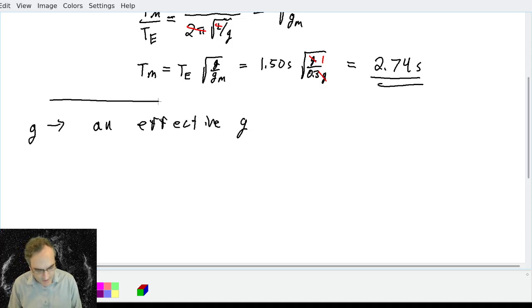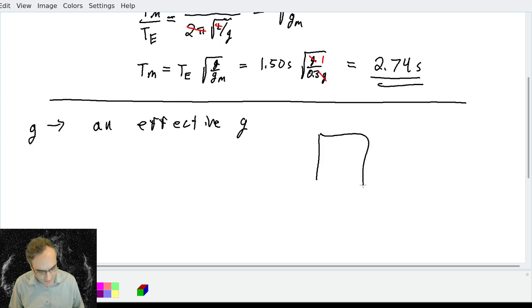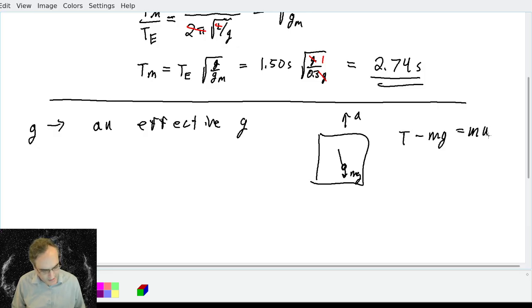A case where that might be interesting is, imagine you are inside of an elevator that's undergoing acceleration, and you have your pendulum sitting inside of it. In a case like that, for the effective force acting on it, you'll basically end up with tension minus mg equals ma, so your tension will become effectively m(g plus a), where the g plus a would be your effective g.